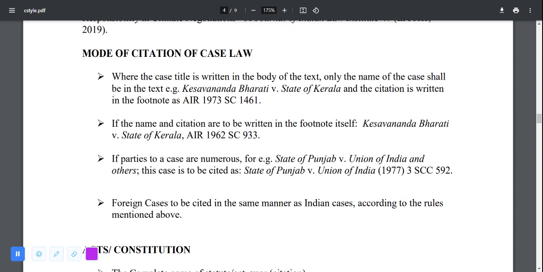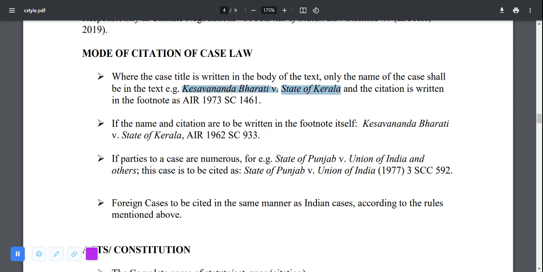Similarly, if you are writing an article and you want to quote case laws, and you go through a number of cases and find some relevant points that you quote in your article, then you have to mention under the citation the case name. The case name should be its full address. Either you provide the case name like this, Keshavananda Bharati v.